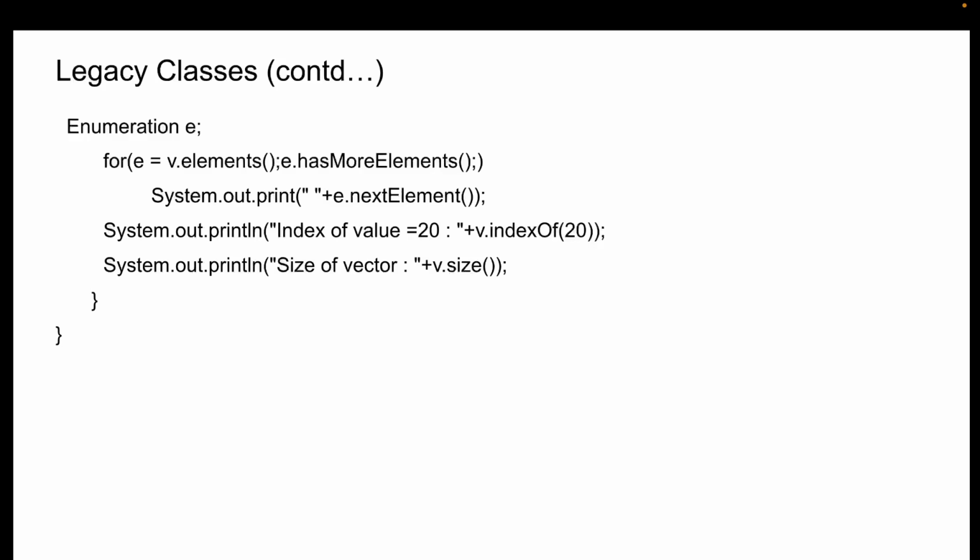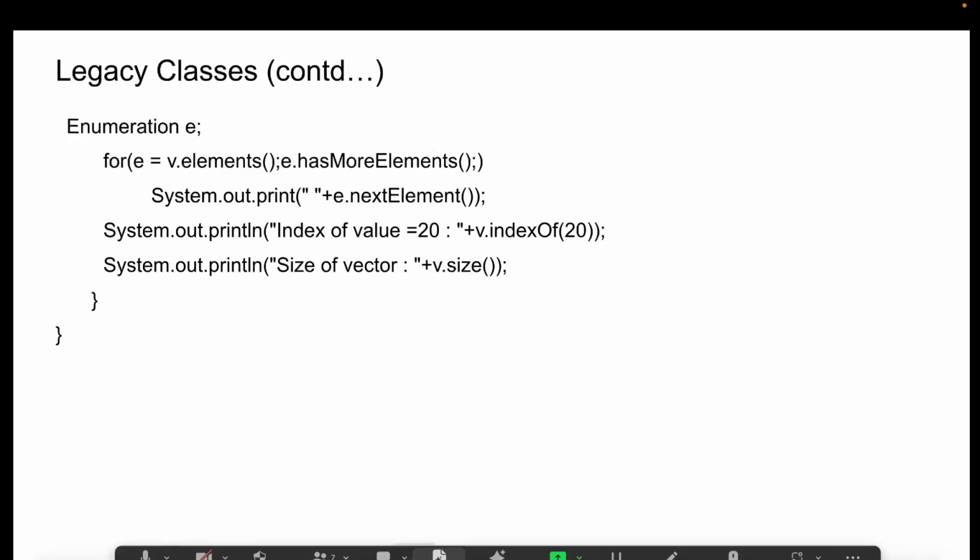Again we'll print the next element, and again we'll check whether this vector still has any more elements. We'll keep on printing, and at the end if we reach the last element, then we'll move out of the loop. So this is how enumeration can be used to traverse through vectors.